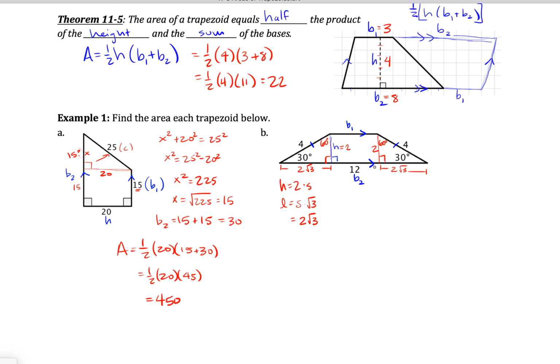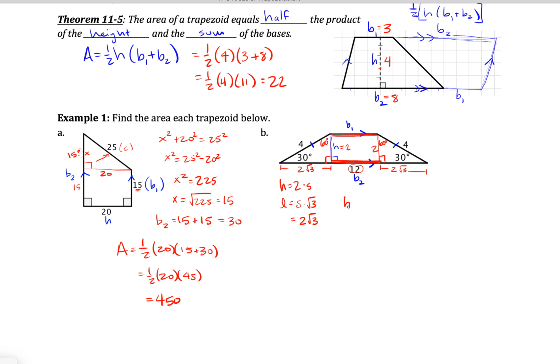Now if this whole segment is 12 units long, but these end parts of it are 2 square root 3, we can take the two square root 3's off of 12 to get what this part is just from right here to right here, right? And that distance right here would be the same as the length of base 1 up here.